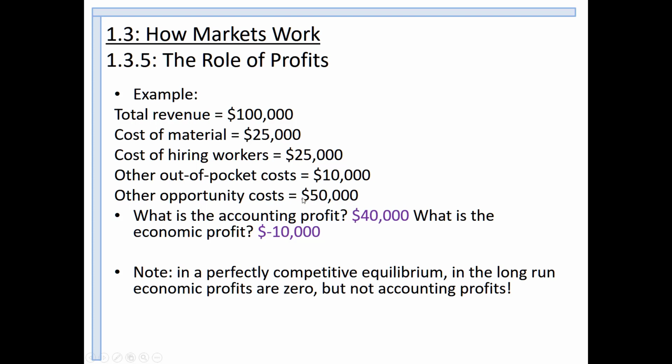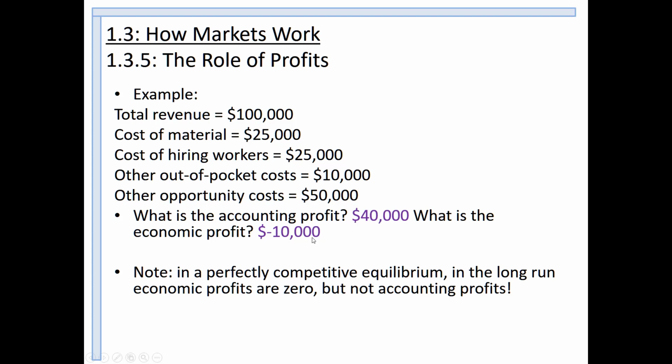So when you subtract the opportunity cost as well, not only the explicit costs, you can see that your economic profit is minus $10,000. So explicit costs: 100,000 minus 25 minus 25 minus 10, that's 40,000. That's your accounting profit. But your economic profit is actually an economic loss, because when you subtract the opportunity cost as well, the profit is minus $10,000.